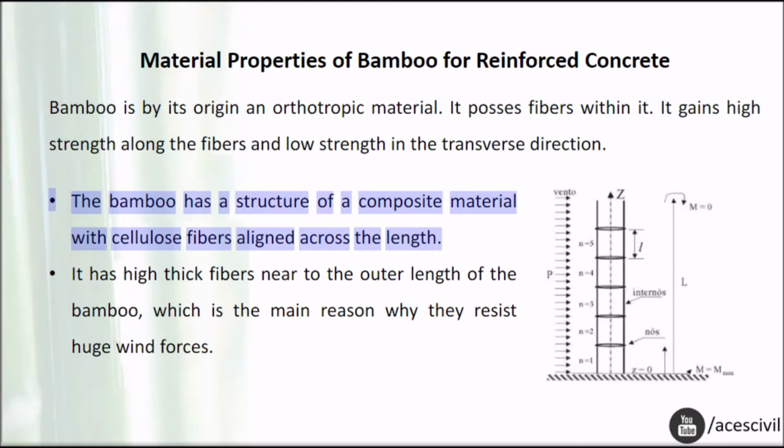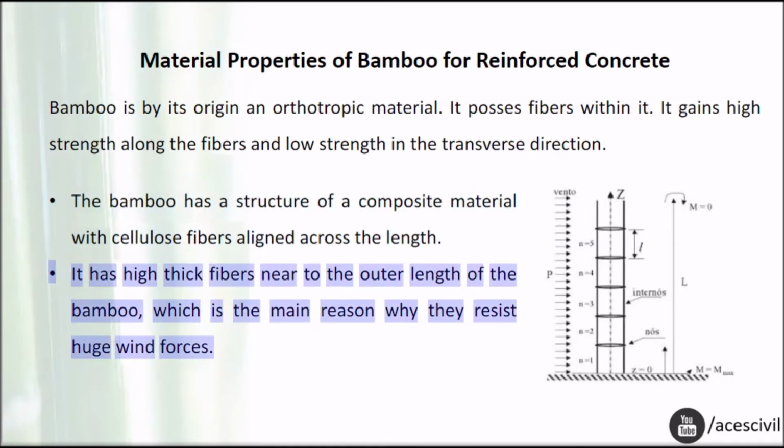Bamboo has the structure of a composite material with cellulose fibers aligned across the length. It has thick fibers near the outer surface of the bamboo, which is the main reason why they resist huge wind forces.